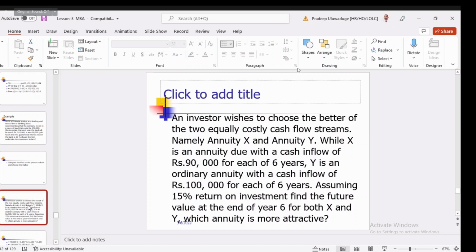Assuming 15% return on investment, find the future value at the end of year 6 for both X and Y. Which annuity is more attractive?